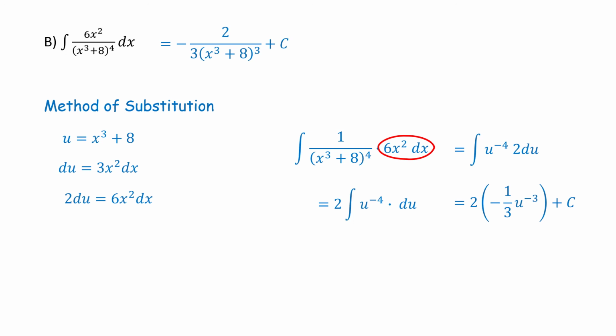Let's replace the u back with x cubed plus 8, and our result will be negative 2 in the numerator, 3 in the denominator, putting in x cubed plus 8 where u was, raised to the 3, plus c. Note, that's what we needed.